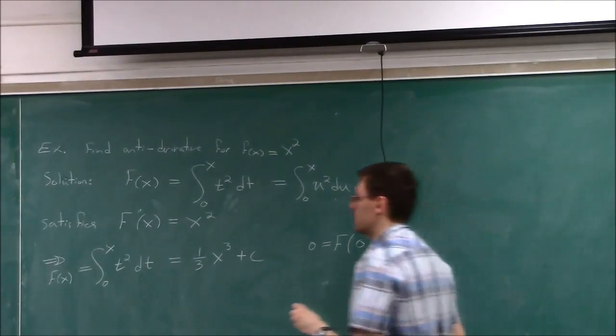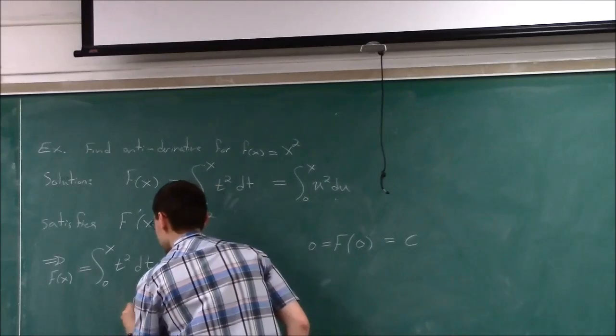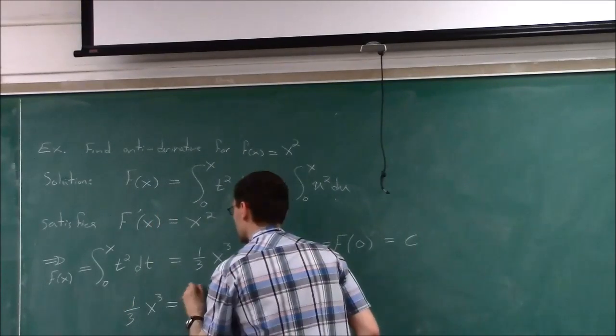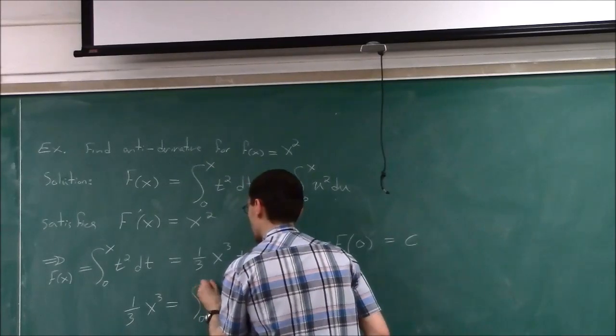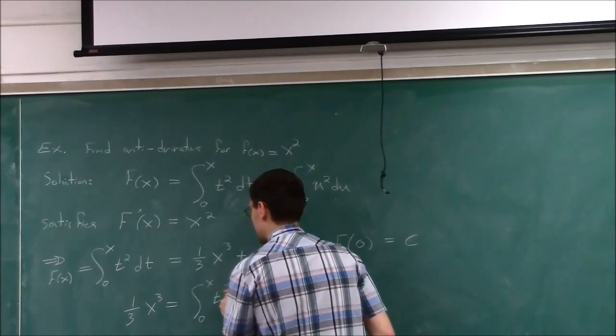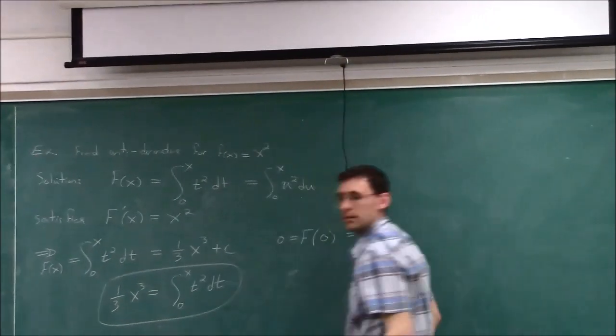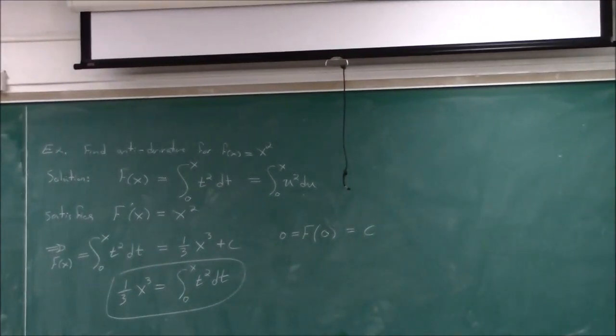So in fact, 1/3 x cubed is equal to the integral from 0 to x of t squared dt.